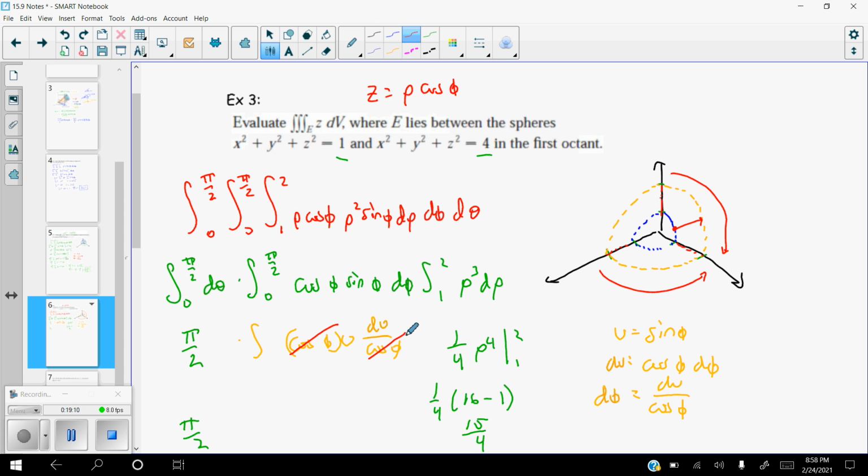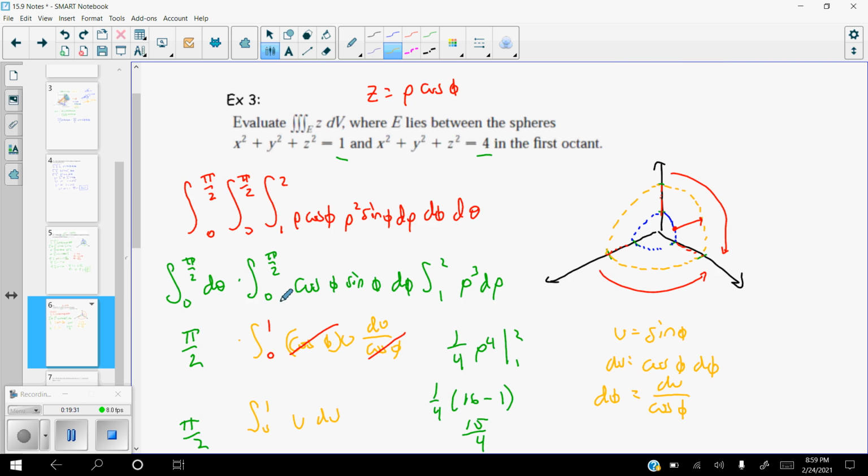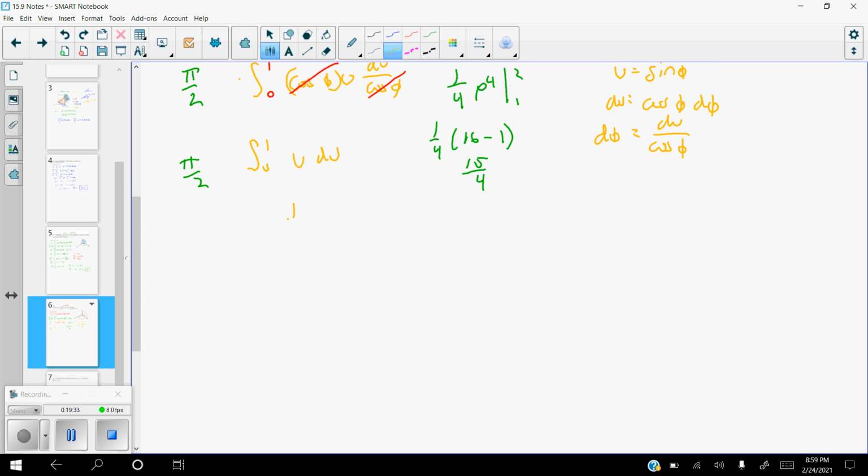Those will go away. Changing the bounds, plugging 0 into sine is 0. Plugging pi halves into sine is 1. So then we're going to have the integral from 0 to 1 of u du. So we're going to get 1/2 u squared from 0 to 1.